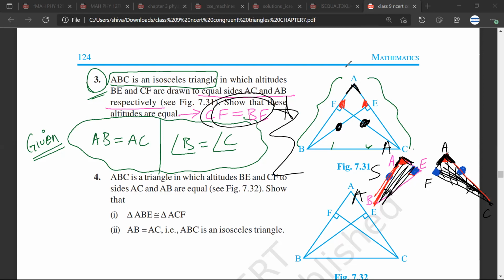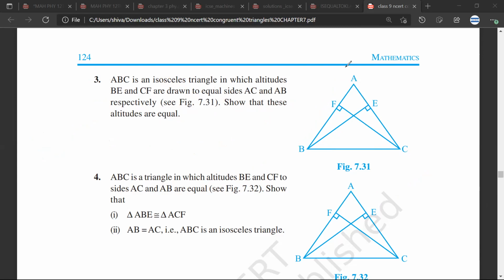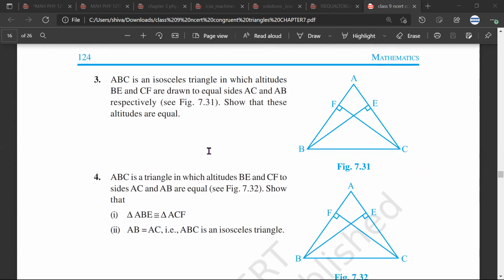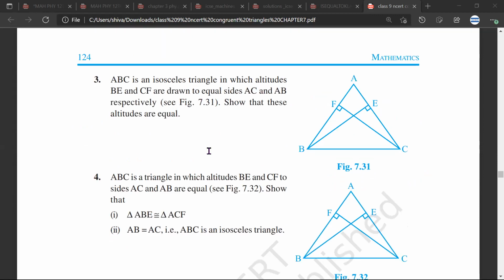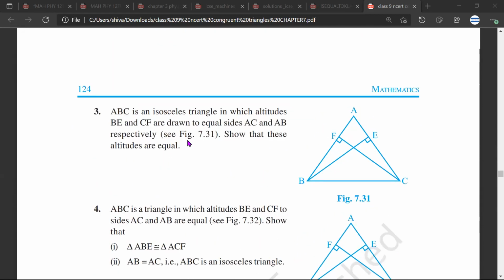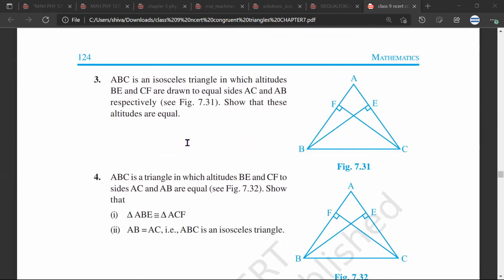Yes, sir. So, Mr. Sarthak, what is advisable is to try to do the rest of the questions, which are similar. Try to do question number 4. Try it as homework if you want to do these questions.